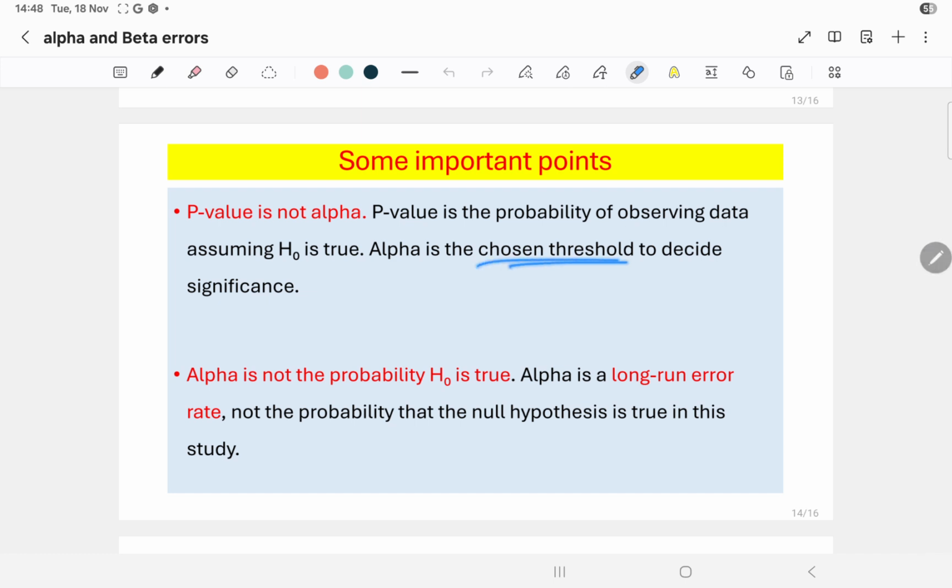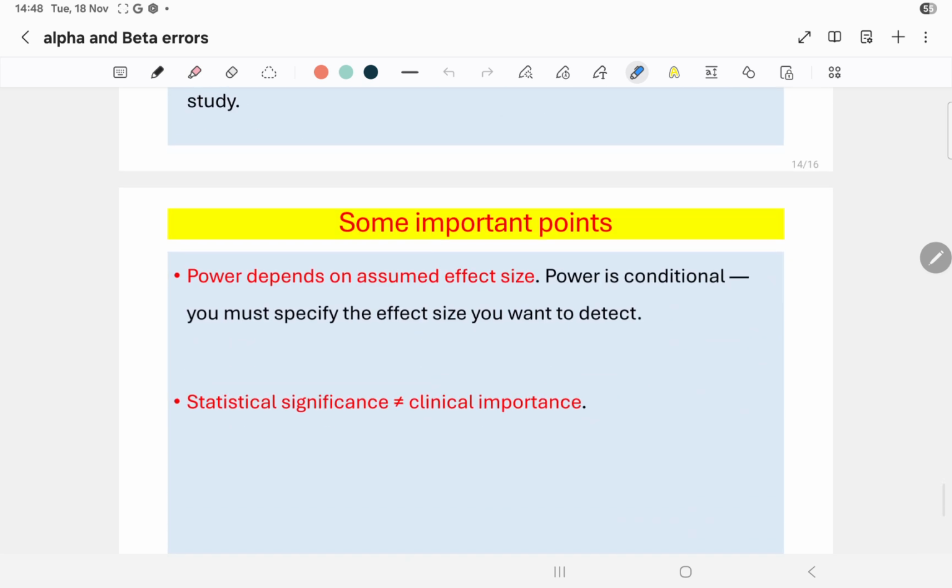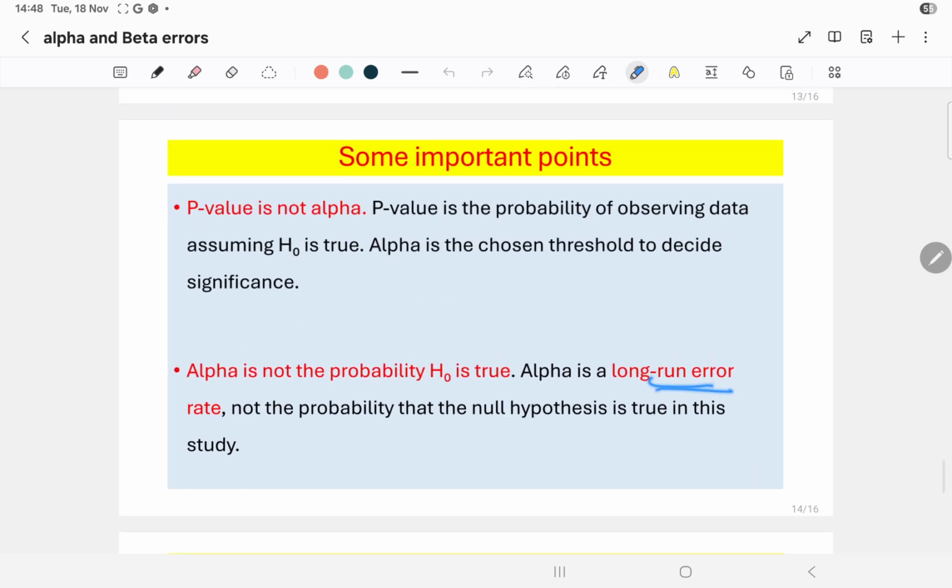Alpha is a chosen threshold that I will allow this error, like the room for chance, up to this level. So it is a chosen threshold to decide significance. Alpha is not the probability of H naught being true. Alpha is a long run error rate, not the probability that the null hypothesis is true in this study.